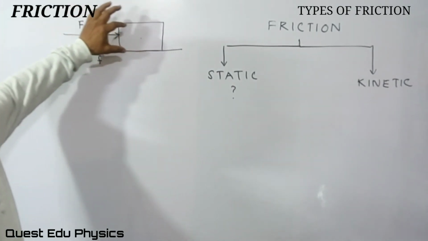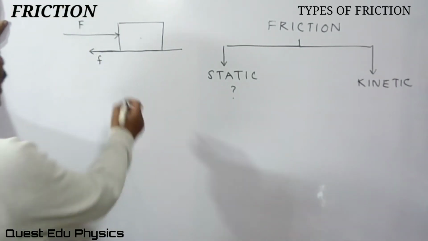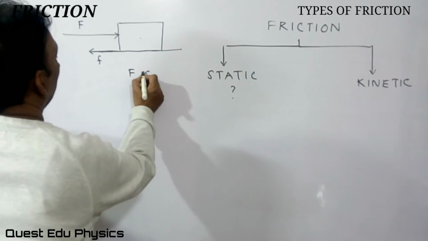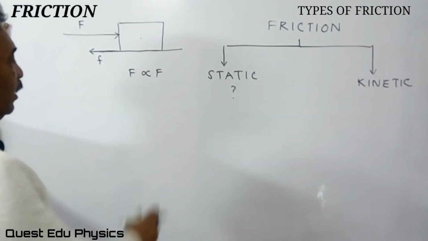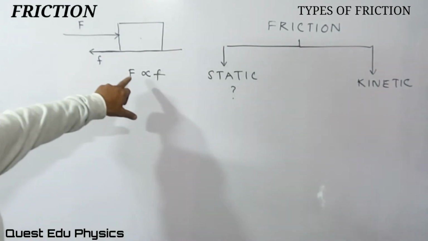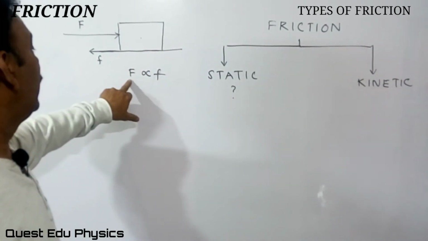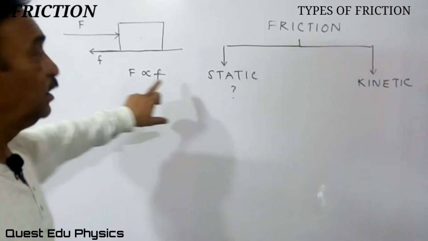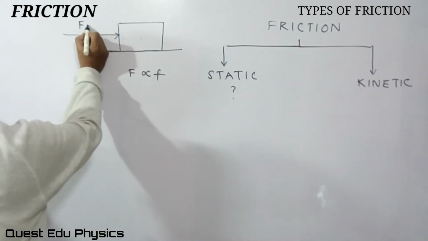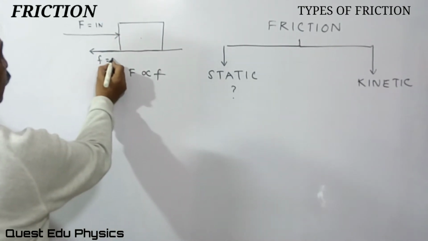When I apply the force, the frictional force will develop. That means we have a direct, linear relation between them. If one increases, the other also increases. Let's say I am applying a force of 1 Newton, then a frictional force of 1 Newton develops.